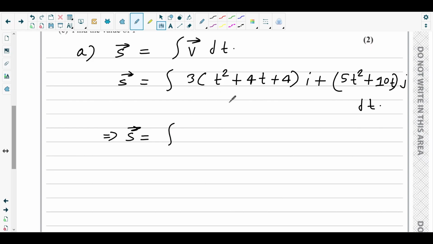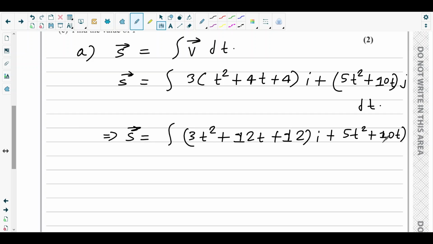Let's multiply out the bracket: 3t squared plus 12t plus 12, i, plus 5t squared plus 10t, j, dt.